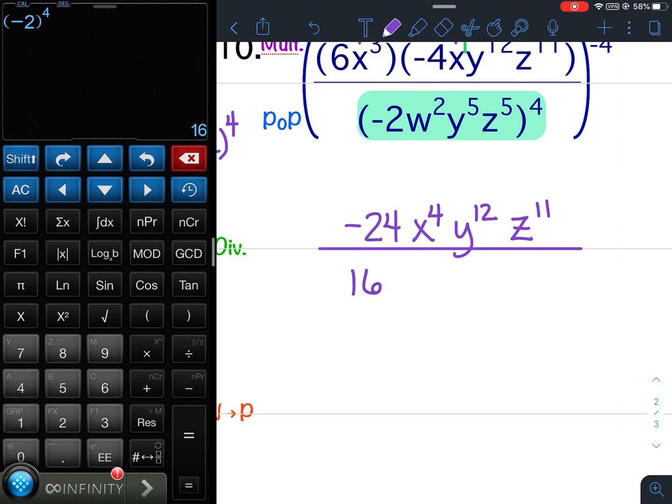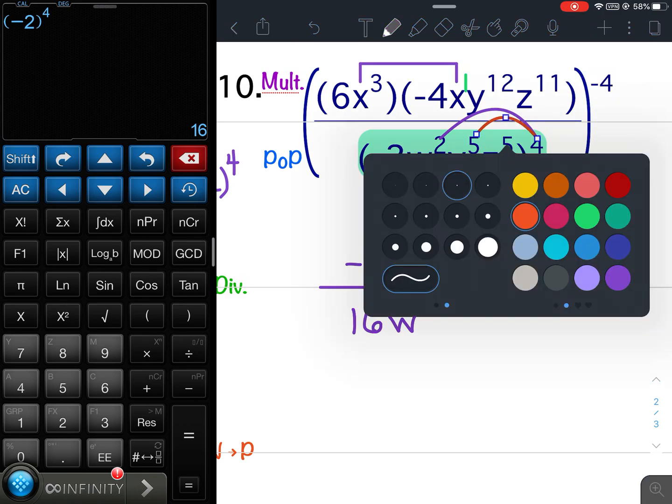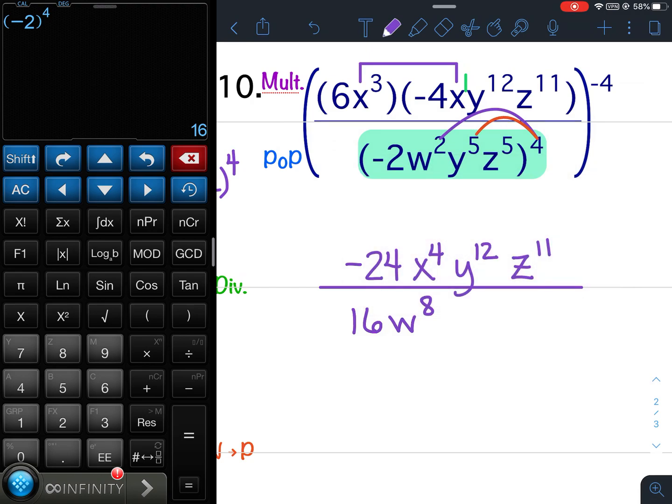And then to finish power of a product, we multiply our exponents. So I'm going to take 4 times 2 to get w to the 8th. 4 times 5 to get y to the 20th.